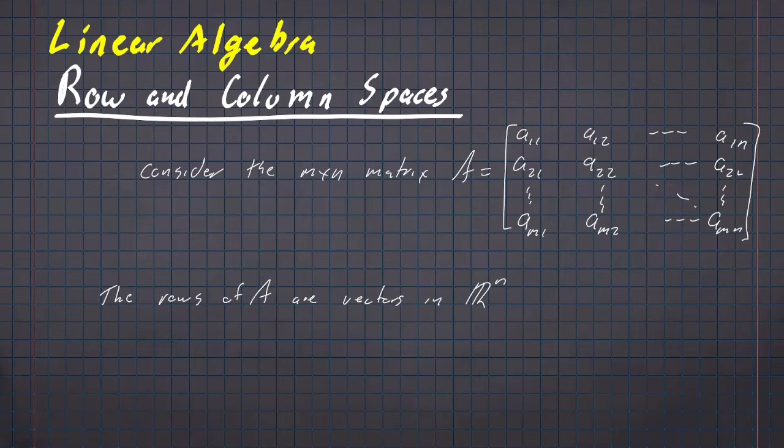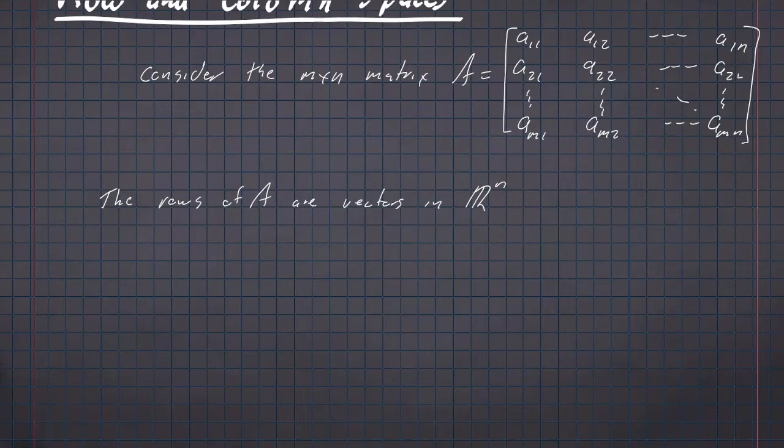So each of the rows can be thought of as a vector in Rn. We can name R1 as the entries in the first row. To make it look like a vector, I'm going to write it as a column matrix, even though what we're actually taking are the rows here.